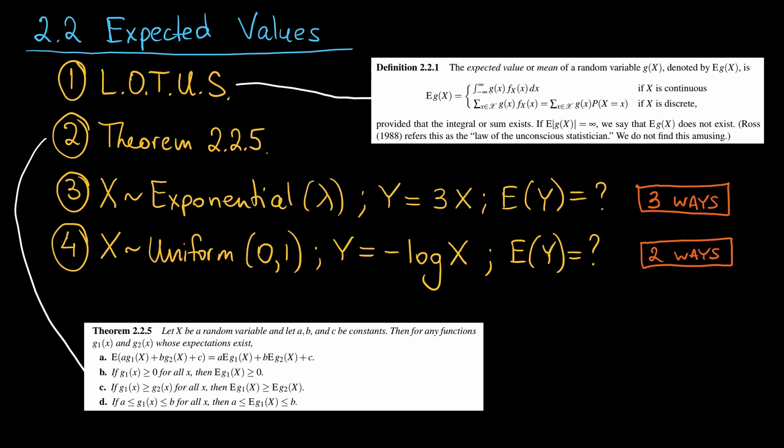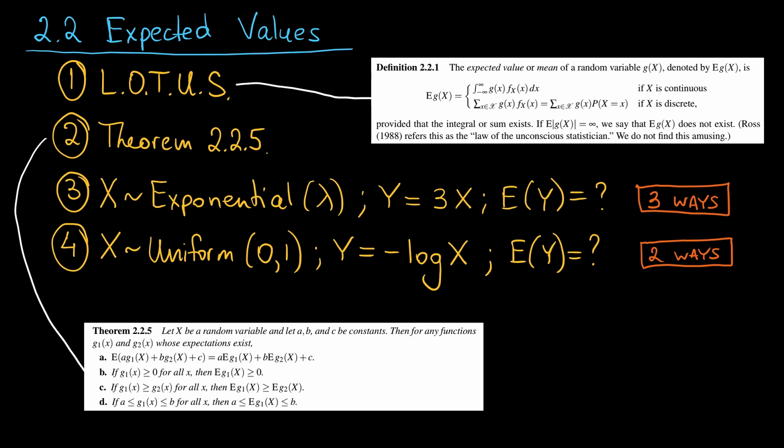Here's the plan for the remainder of this video. There are 4 things that we want to do. First, we'll introduce LOTUS, or the law of the unconscious statistician. In the book, it's introduced in definition 2.2.1. Then we'll move to theorem 2.2.5, which will be about the linearity of the expected value as an operator.